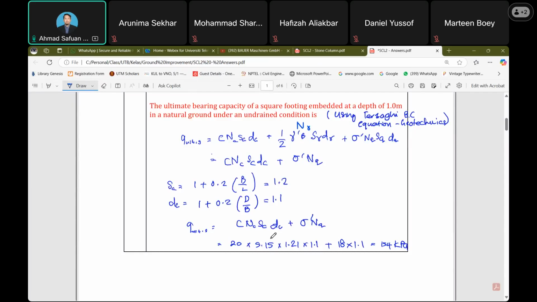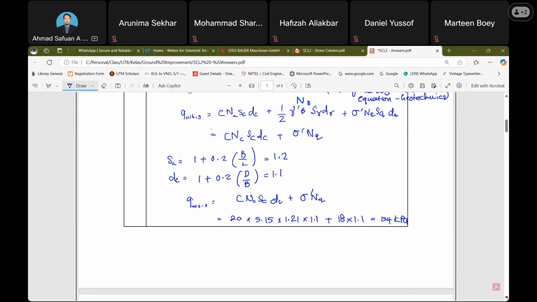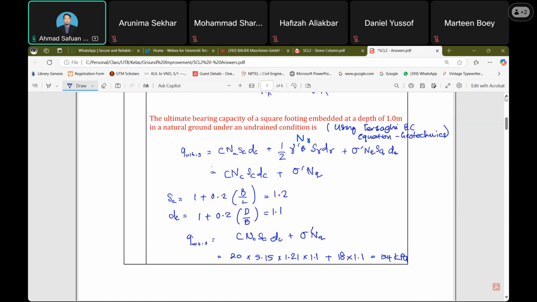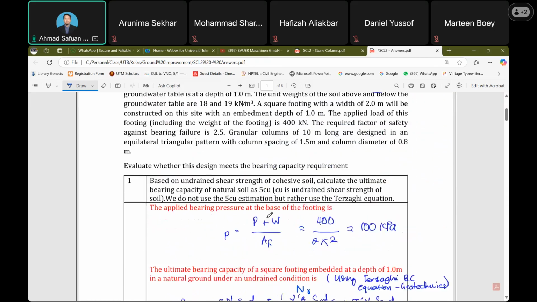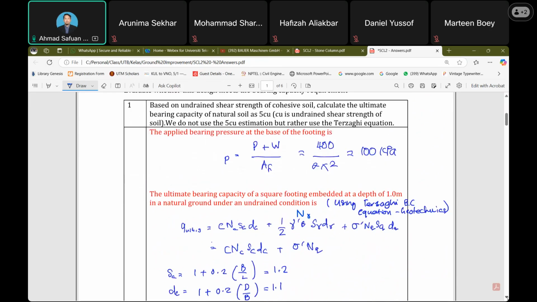And Nq is 1, it's not 17. Then the Q ultimate is equal to 154 kPa. So the rough estimation based on 5 Cu, 5 times 20, is 100. If you use Terzaghi, we obtain 154.